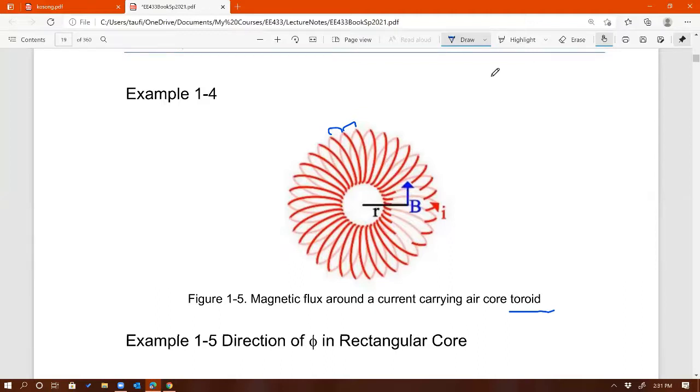If you look at the different types of toroid core, one of them is just like a donut shape, and the cross-sectional area of that core is round. But some of them, if you take the cross-sectional area of the core, it's actually a rectangle.